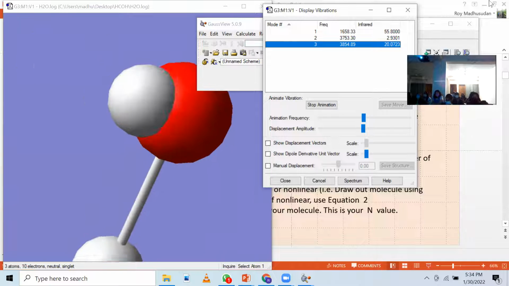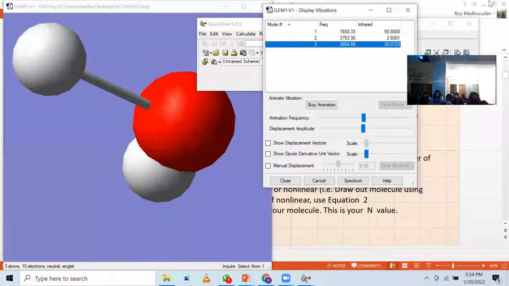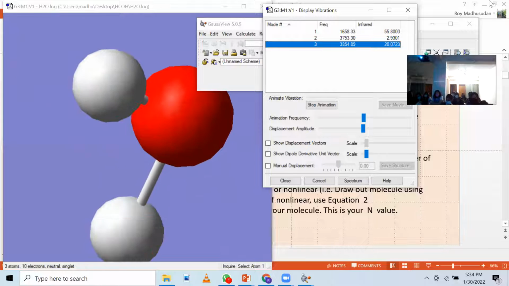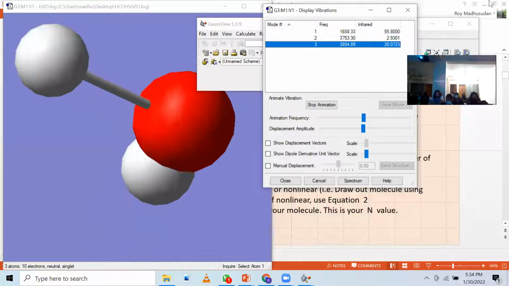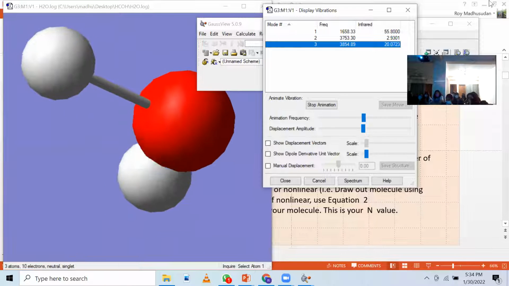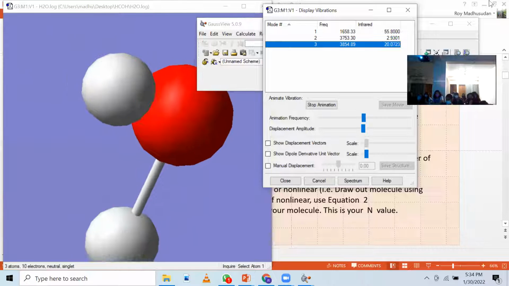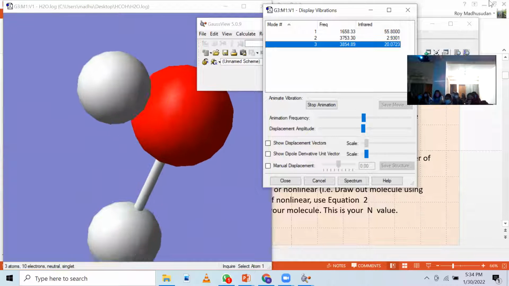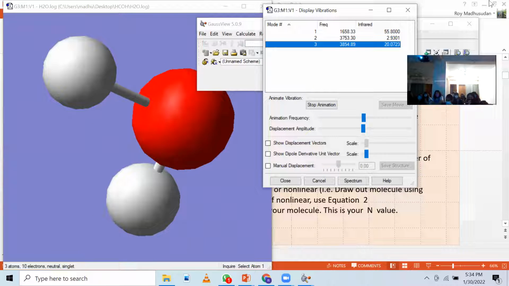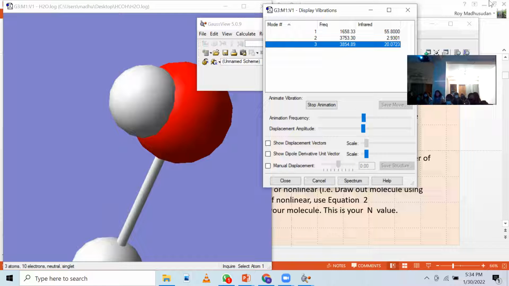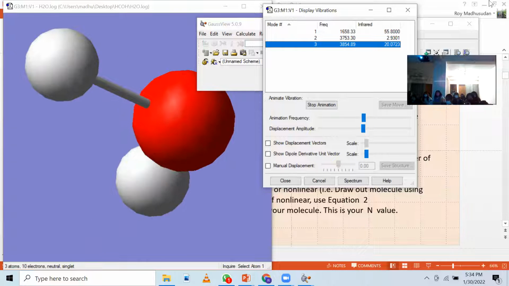So in this bond, the shared electron does not remain in the middle, at the center of the bond. Then where does it exist? Closer to the oxygen. Therefore, the hydrogen does not have the electron, apparently.